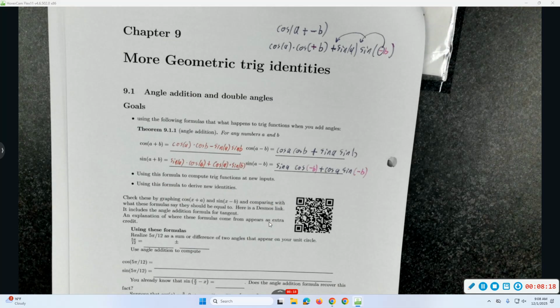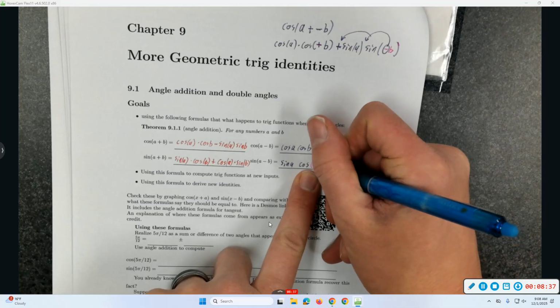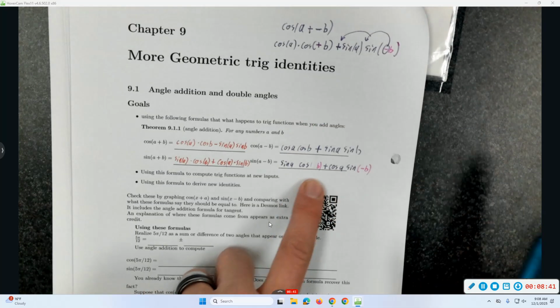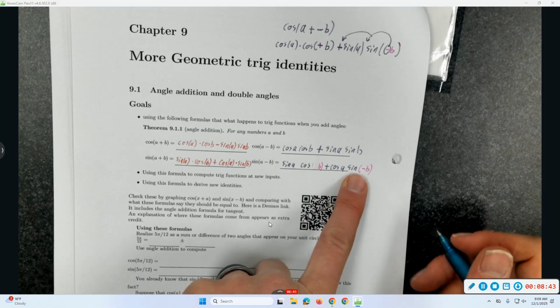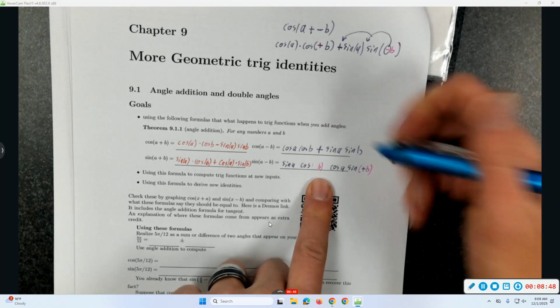All right, and now same game. Do what you should do with those negative signs to simplify. What do you get? Sine A cosine B minus cosine A sine B. Nice. That negative is inside of a cosine. Cosine is even, so it doesn't matter. Don't need to put a plus sign there, it's just cosine B. Cosine A is just cosine A. Sine of negative B is the same as negative sine B, so I can pull that negative up front.